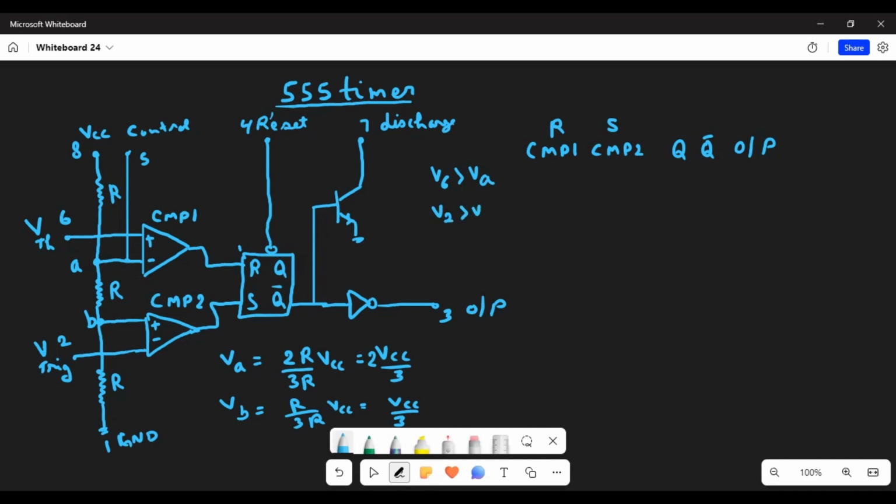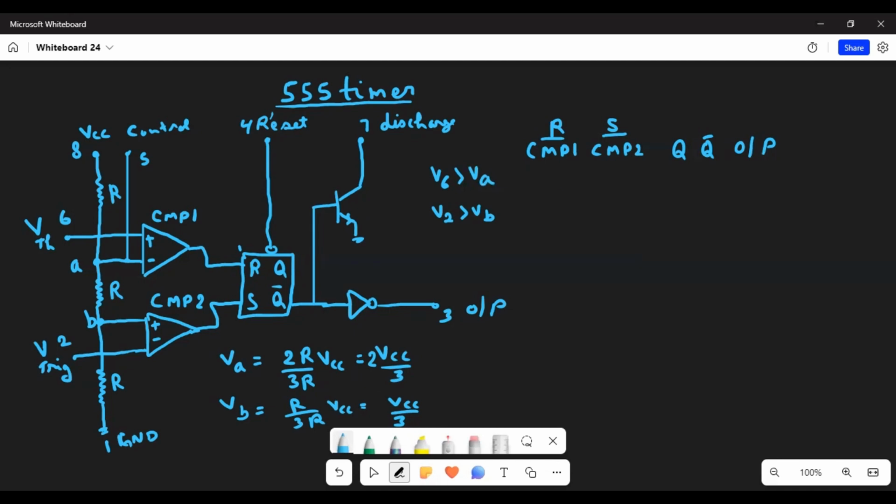For comparator 1, the voltage at the non-inverting terminal is greater than at the inverting terminal, so the output of comparator 1 will be 1.